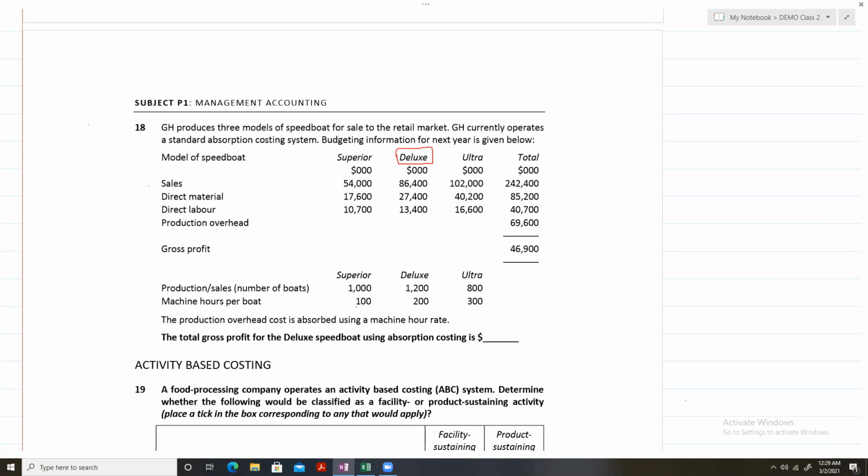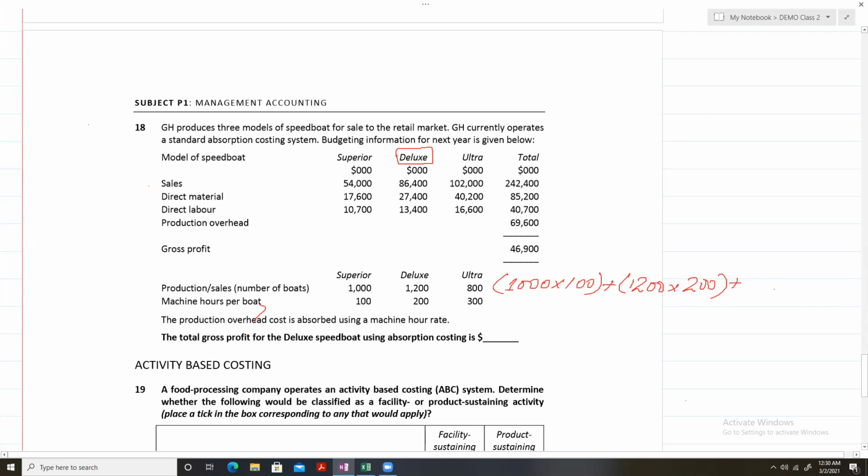How will we calculate? Okay, the number of superior boats manufactured is 1000, and each boat takes 100 hours. So 1000 multiplied by 100. Then 1200 deluxe boats are manufactured, and each boat takes 200 machine hours.